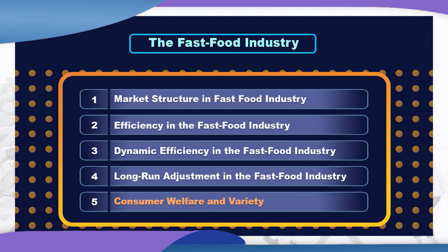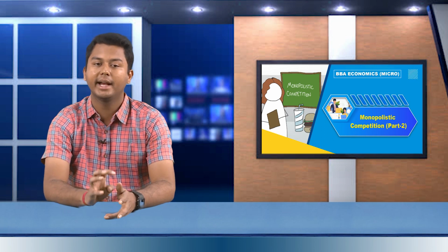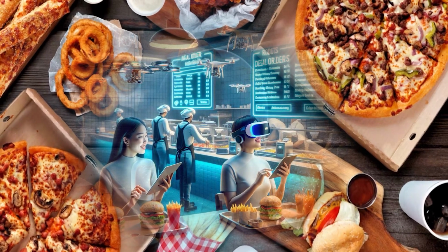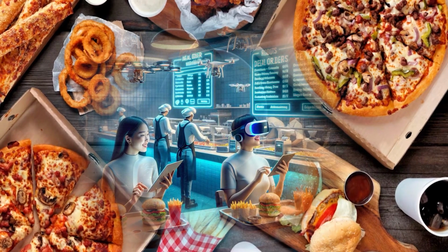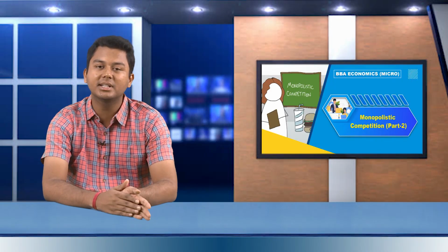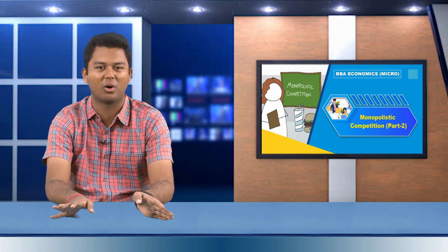Consumer welfare and variety. While monopolistic competition in the fast food industry leads to inefficiency in terms of price and output, it also provides benefits. The first benefit is that consumers enjoy a wide variety of fast food options, which increases the choices, from burgers to pizzas, wraps, salads, vegan options and so on.